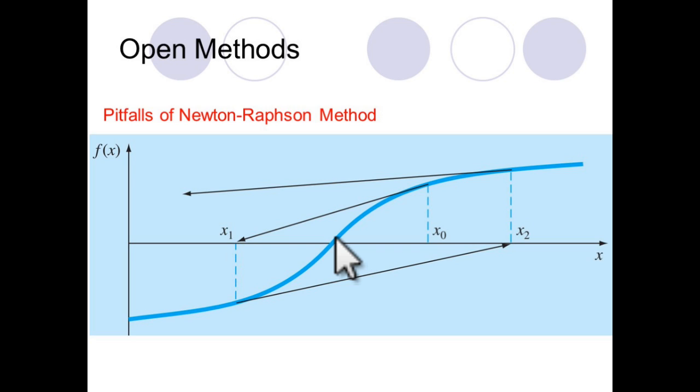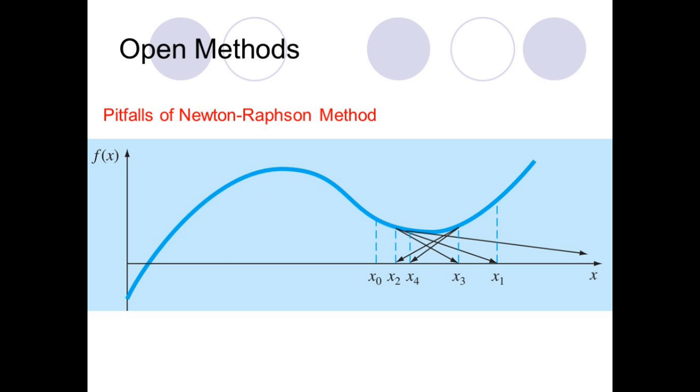As you see, you may have multiple roots, and if you are at a point where the derivative is very small, because of the numerical errors that you make, you may get far away from the root step by step.